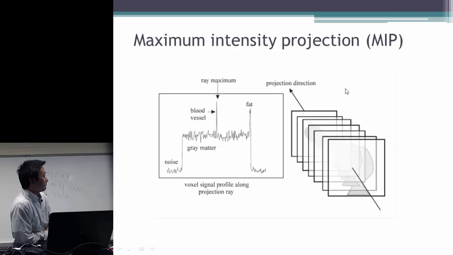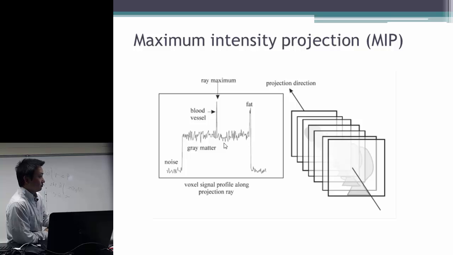Okay, so the last part is just introducing the maximum intensity projection method. Usually when we are imaging, for example, the vessels, because the vessel itself is very small, most of the time it may only be shown on one slice.